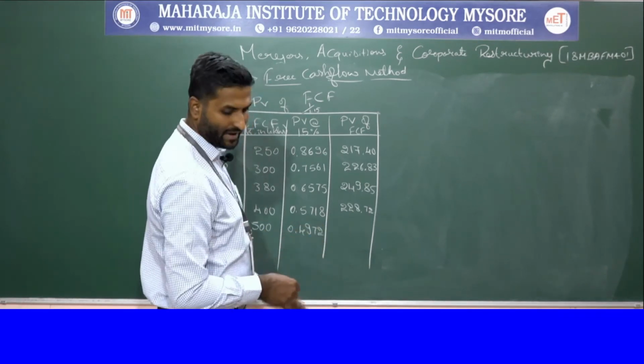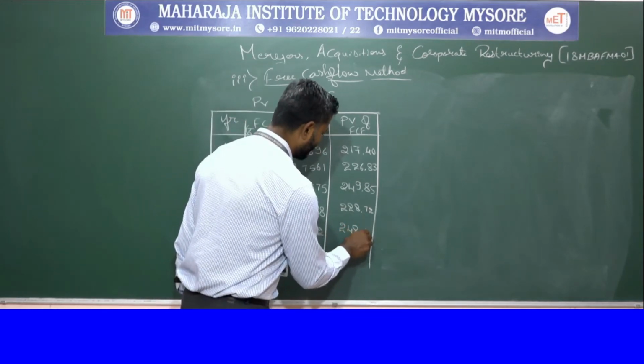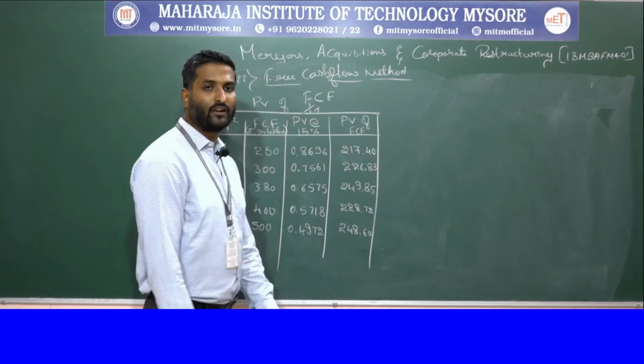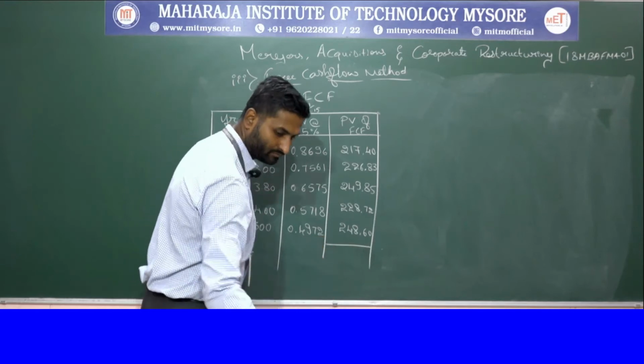When you multiply with 500, you will get 248.60. Then we need to take the total of this.